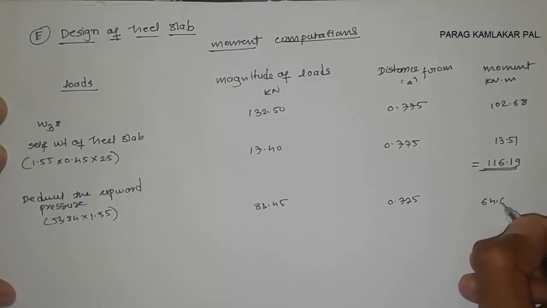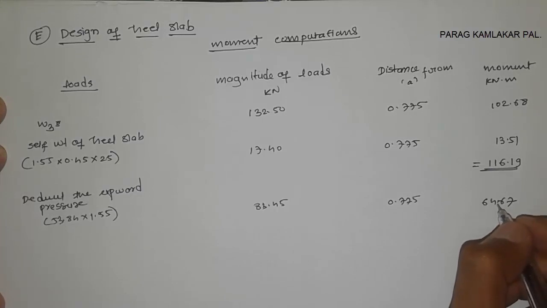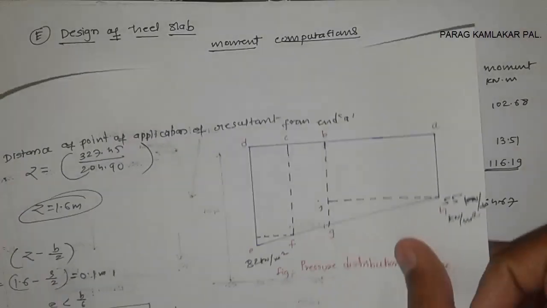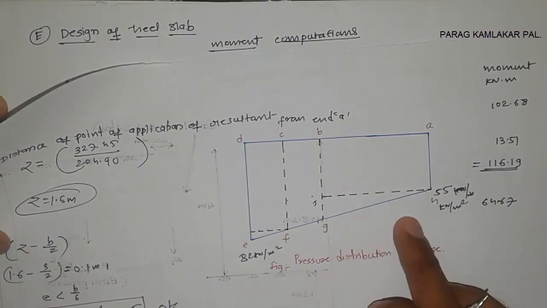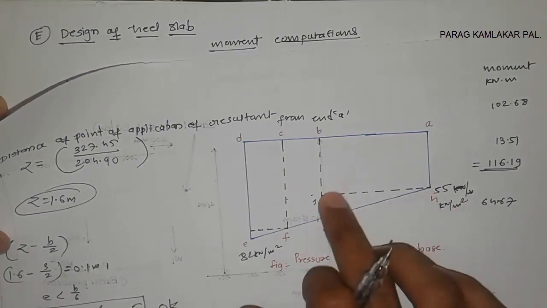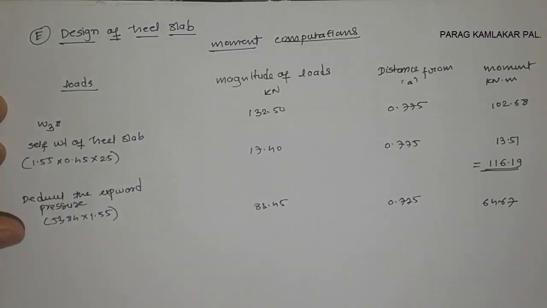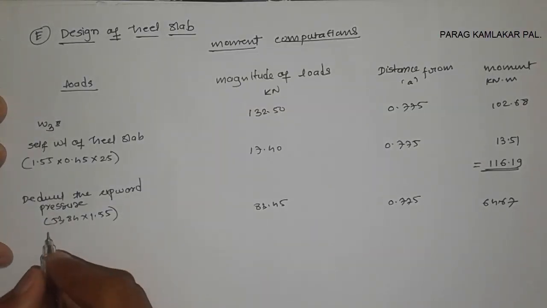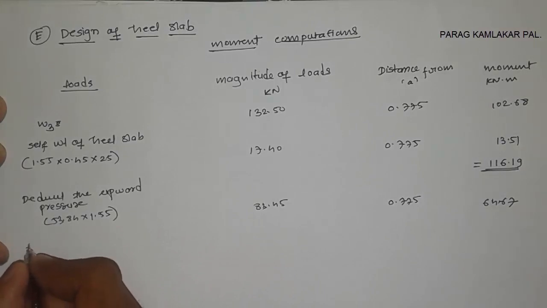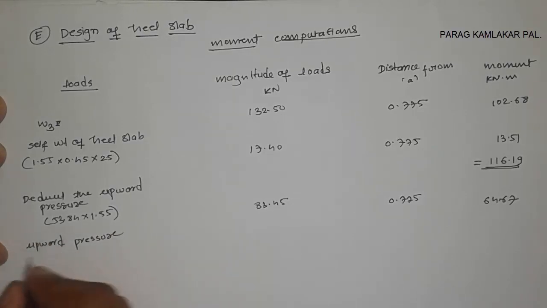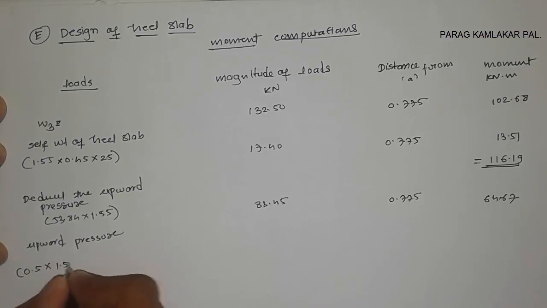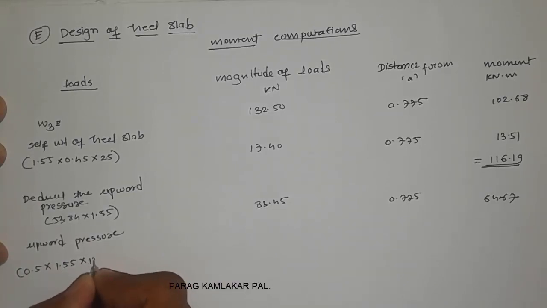After that, the upward pressure at GHI. We first calculate the rectangular section, then for this section we can calculate the triangular one. So the upward pressure is 0.5 times height multiplied by 1.55 multiplied by 13.9.